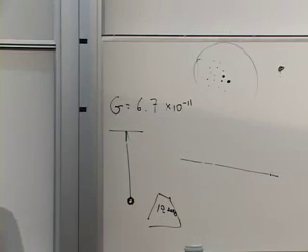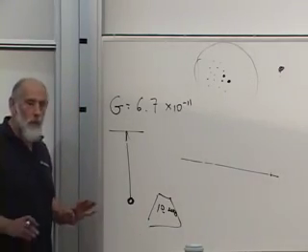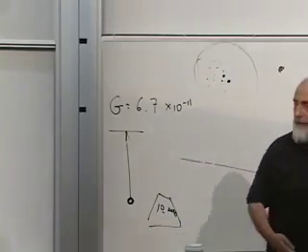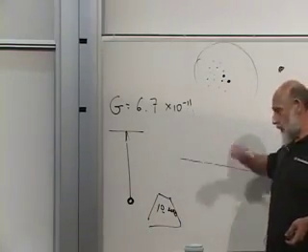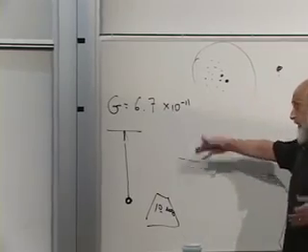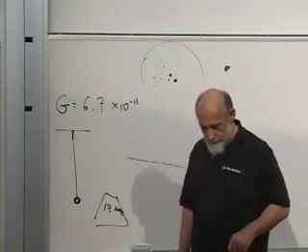Guess what happens? Undetectable. You cannot see anything happen. The gravitational force is much, much weaker than most other kinds of forces. The fact that it's so weak is encapsulated in this small number here.